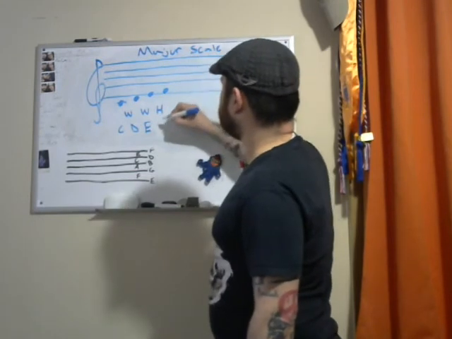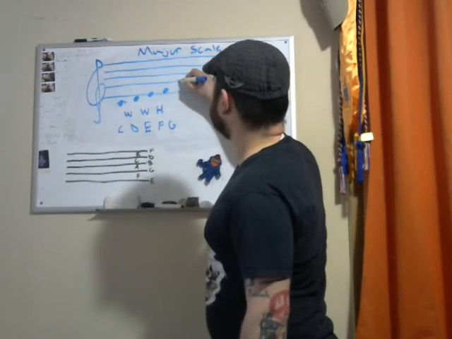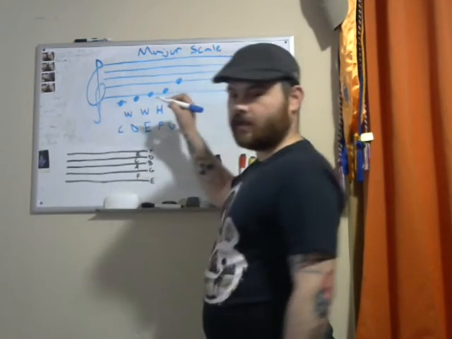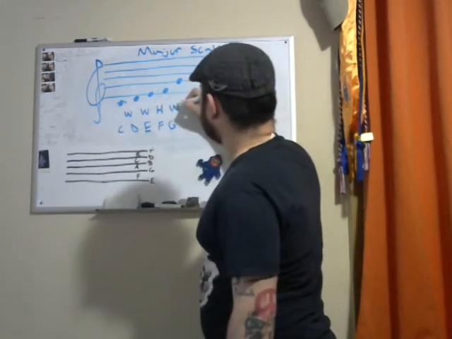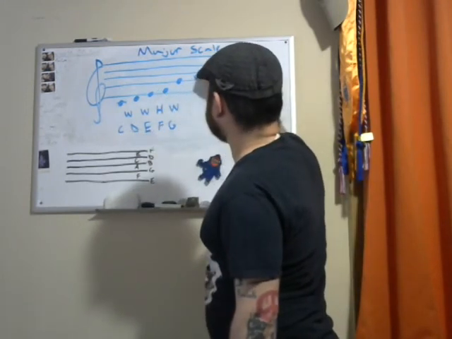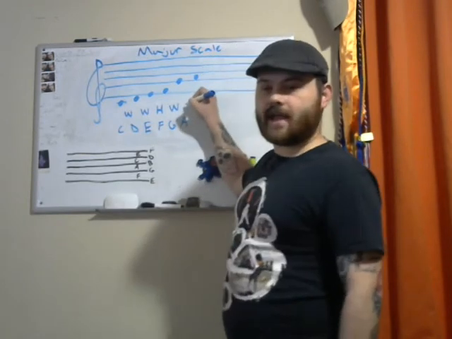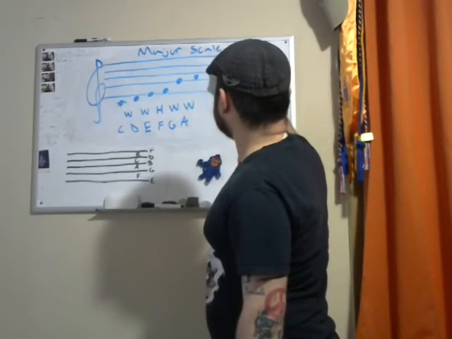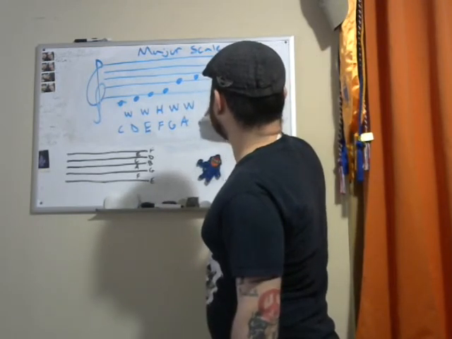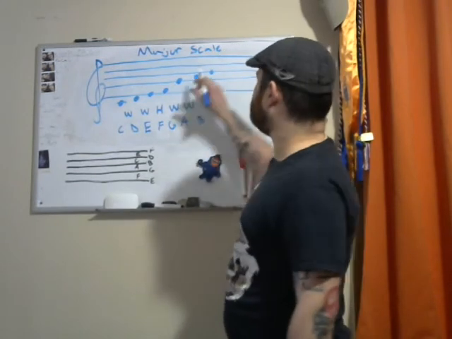And then F to some kind of G, and F to G is a whole step, and then G to A. G to A is a whole step. A to B, because the music alphabet repeats.